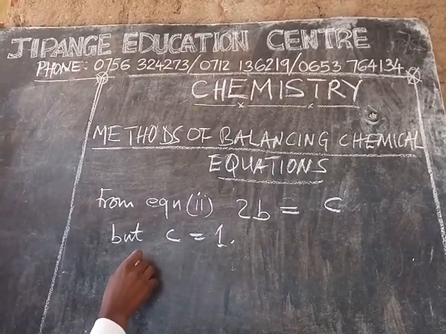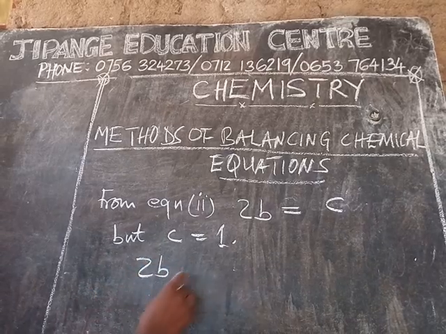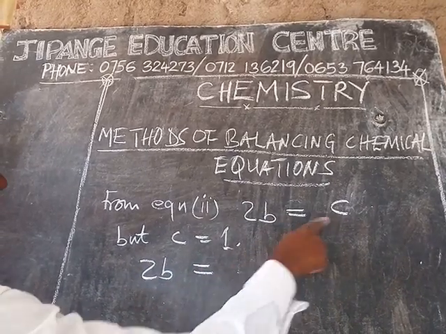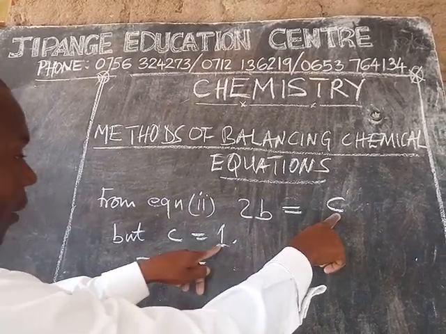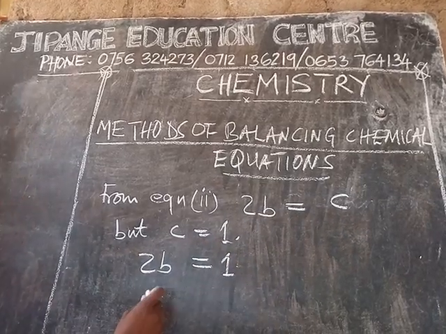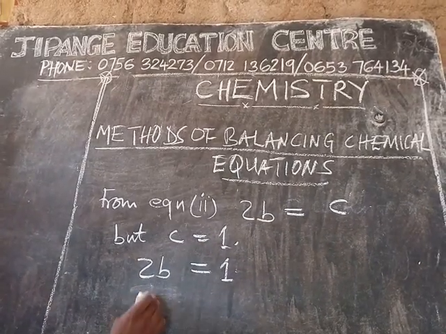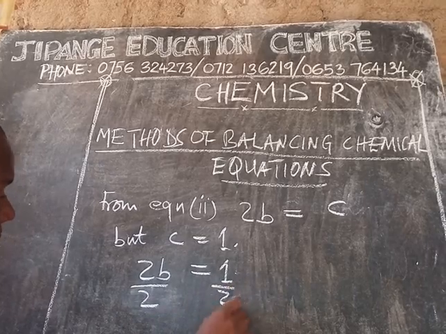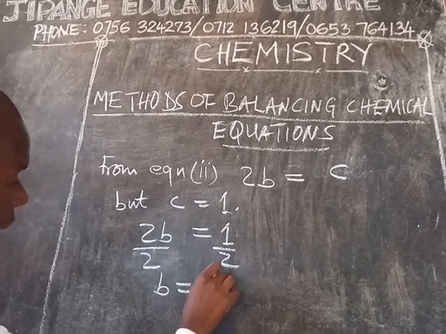So we find the value of B by substituting the value of C, which is equal to 1. We put 1 there, then you divide by 2 on both sides, then B is equal to a half.